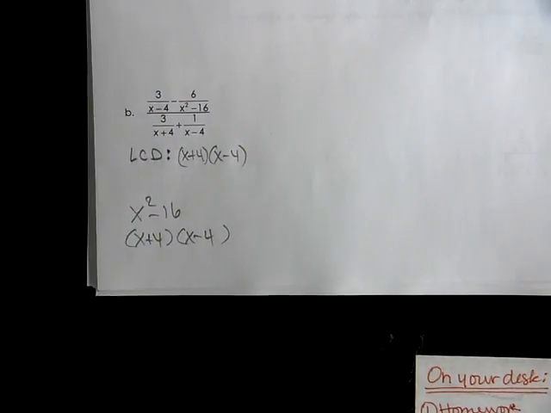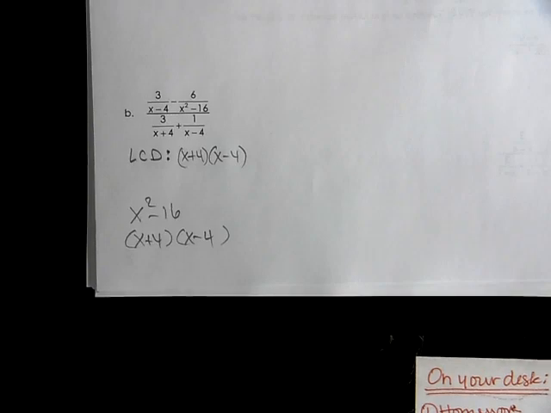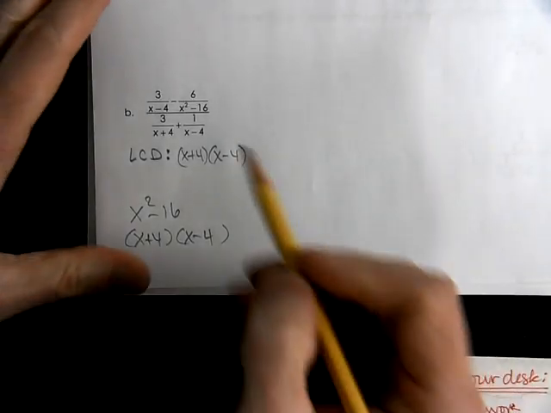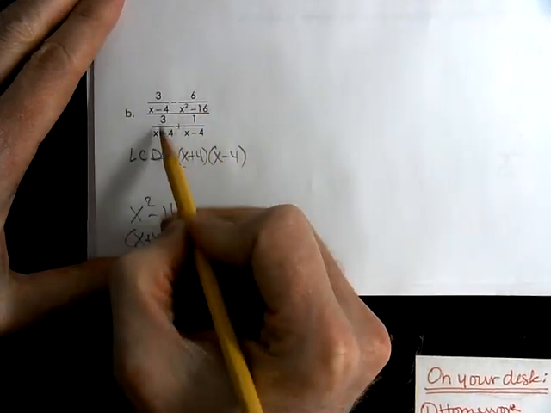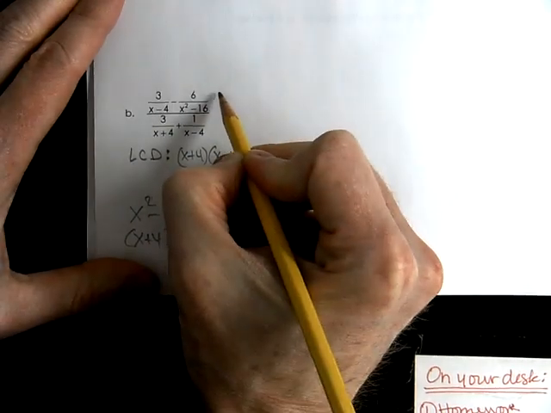This is where you've got to put your attention in. You're either just writing it down and going, yay, it's x plus 4, x minus 4. Do you know why it's x plus 4, x minus 4? So while you're sitting in here now, taking the notes, you need to spend a moment. Do I get it? Could I have come up with that on my own? So we're going to multiply every fraction by our LCD.